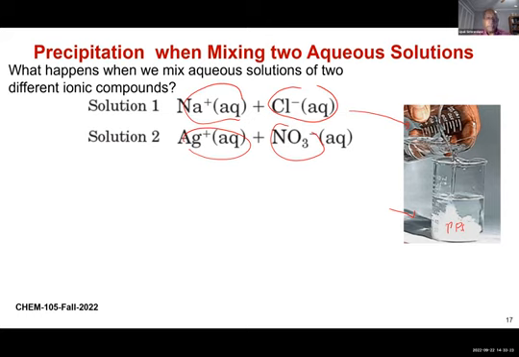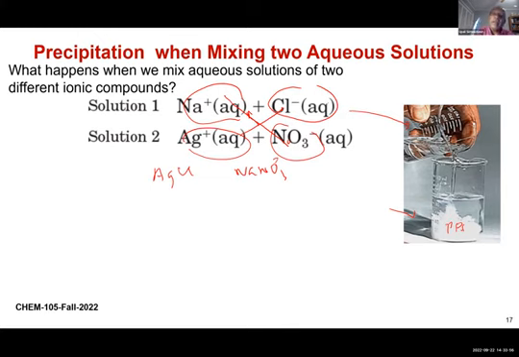How does the precipitate form? When you mix these four ions, new combinations form. The new combinations are silver chloride and sodium nitrate.